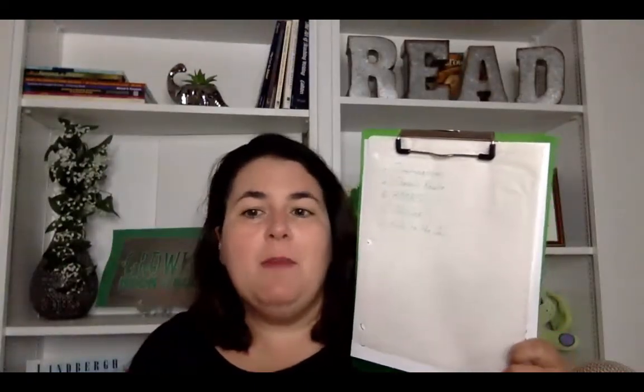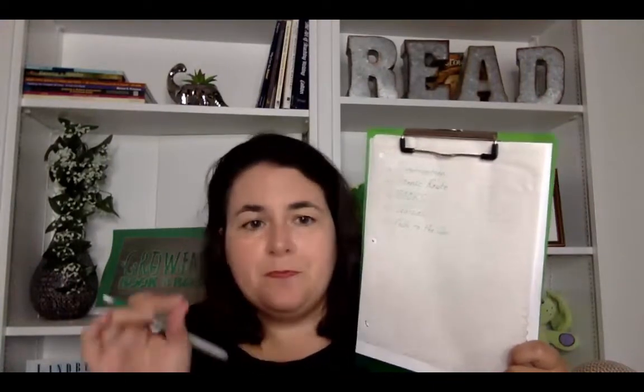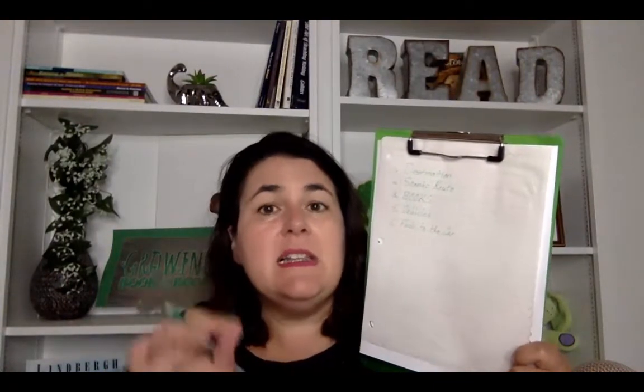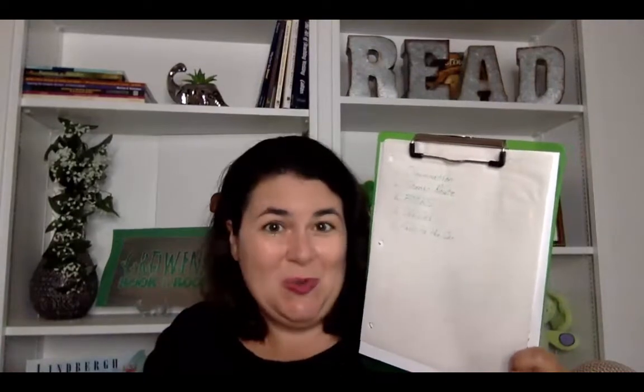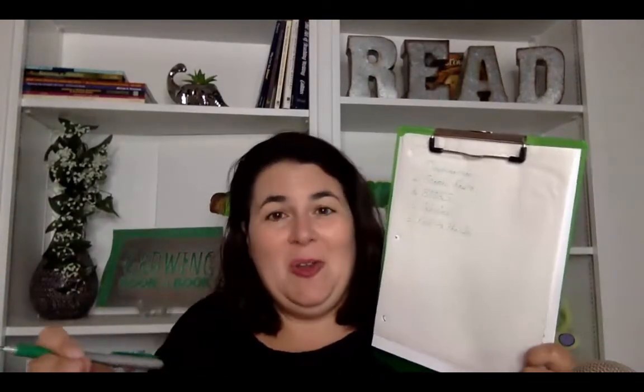So once we know the vehicles that we're using, we've got our fuel, we know our destination, we know what route we're taking, we are ready to go on to number 5. We are going to pack the car. And this is the time when we are now selecting the activities to do during our unit.